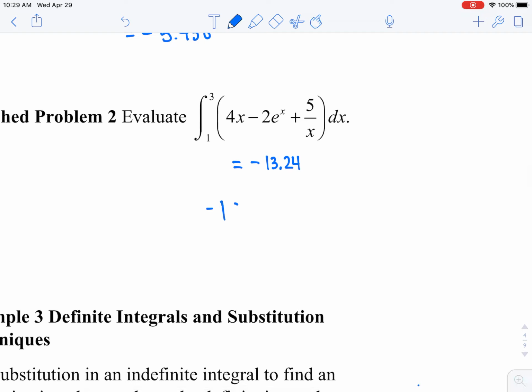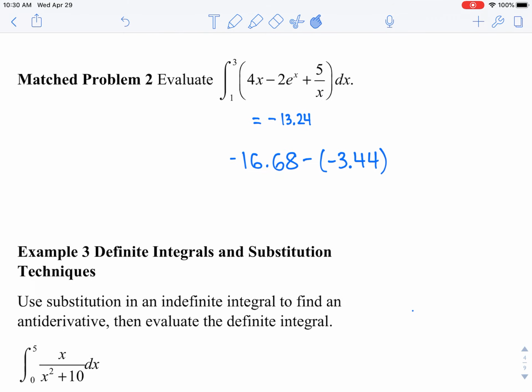I'm going to separate so you know what the two parts were. The first part with the upper limit and the lower limit.